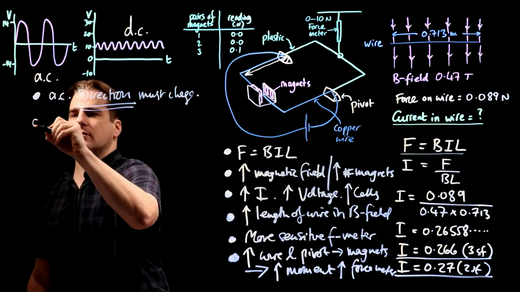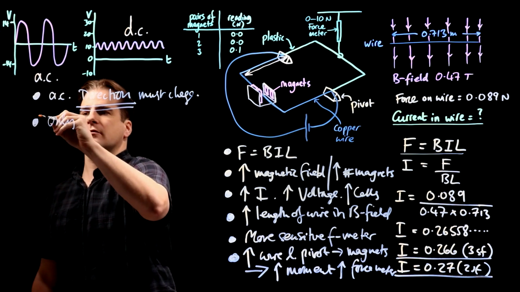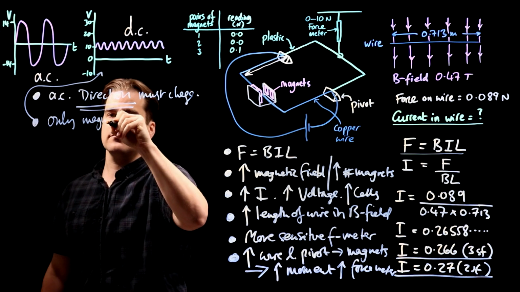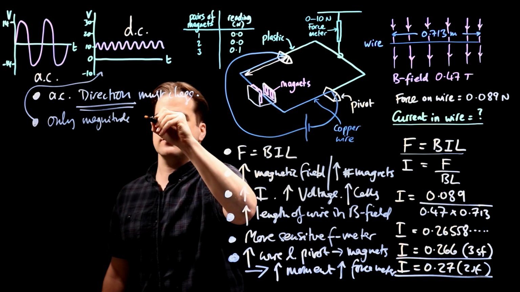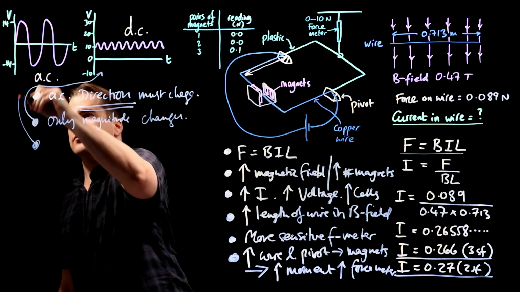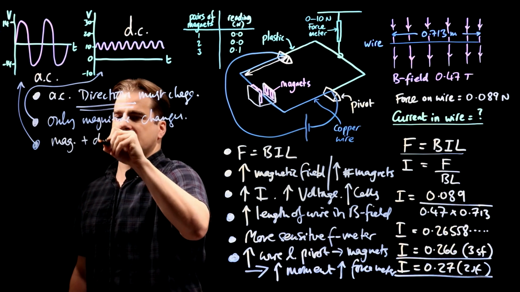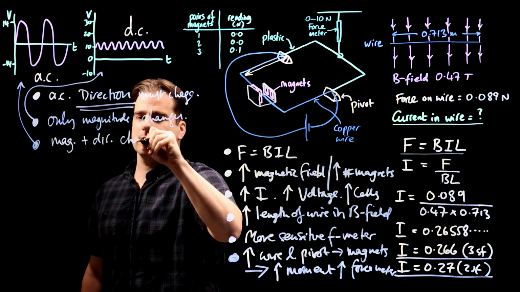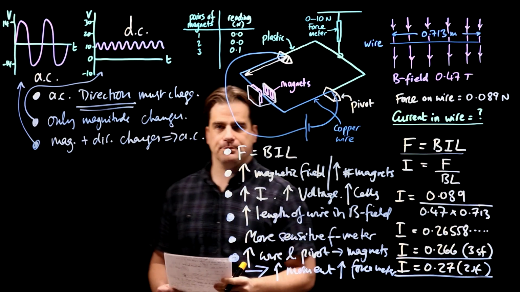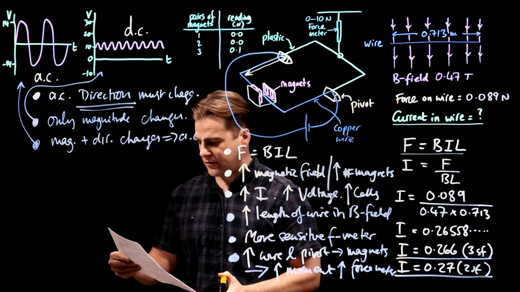And therefore, for this one only the magnitude changes, but for this one the magnitude and direction changes. Therefore it's AC. Okay? I don't think I've missed anything. You definitely get the 2 marks for that.